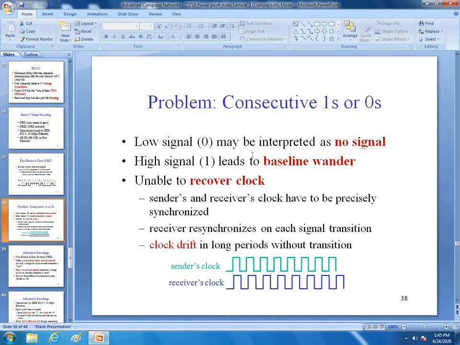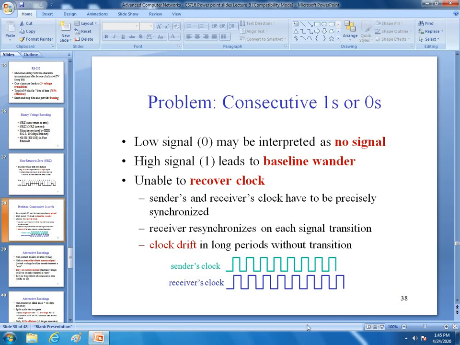As we know, the digital transmitter's sender clock and receiver clock should be precisely synchronized, because the receiver's job is to generate the clock from the transmitting data, and every transition between low to high or high to low synchronizes it with the clock. If there is no transition, that is, the signal stays constantly on the high side or constantly at the low level, the receiver may fail to synchronize the clock, and due to this mismatch of clocking between sender and receiver, there is a high possibility of data loss.